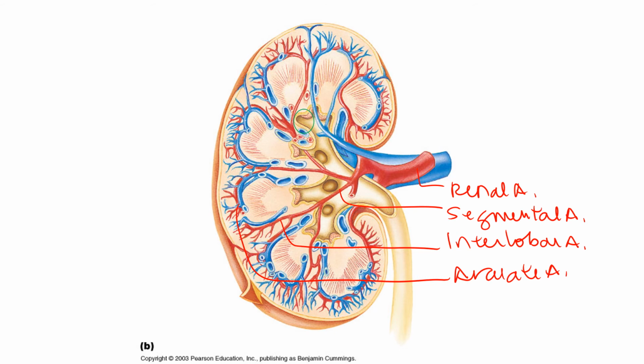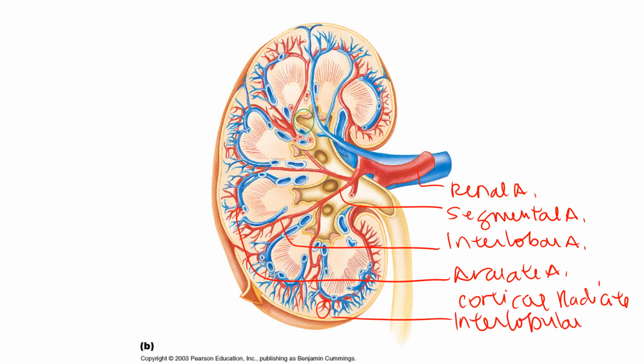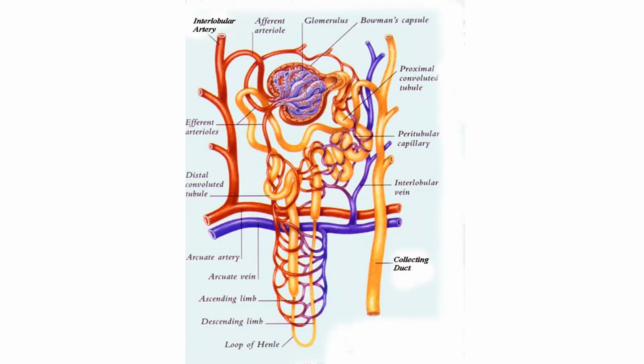And finally, what's the last one called out here? Two names, cortical radiate artery or interlobular artery. Okay, and we're traveling along into interlobular artery here, afferent arteriole, and what happens at the glomerulus?